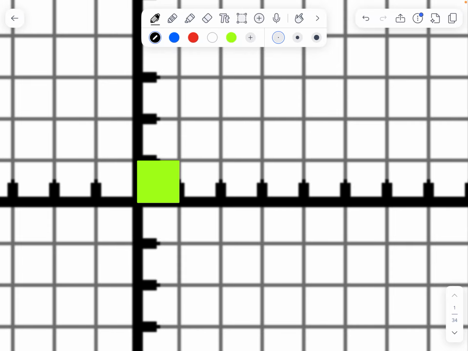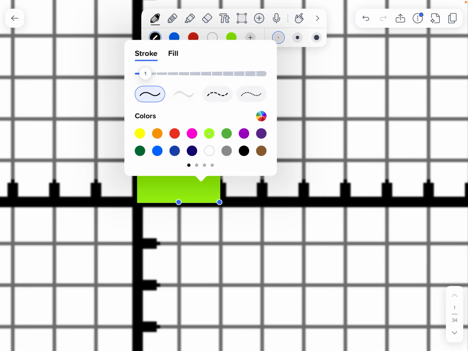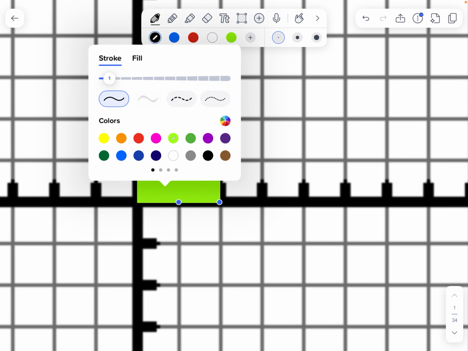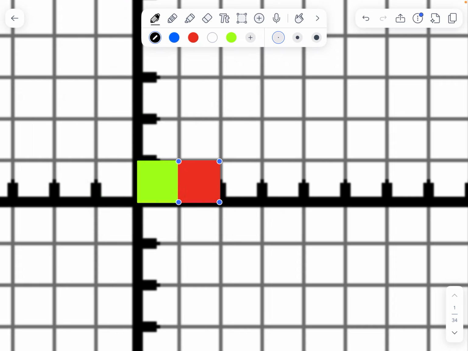Right. So that is a 1 by 1 unit. So what's the second term? That is another 1 by 1 unit. Right? So now we need to do a 2 by 2 unit.